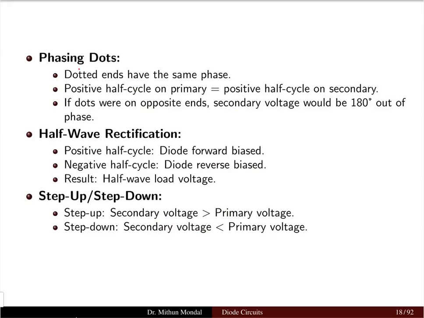The dots play a very important role because we need to know the actual direction of the current. When you have a transformer, there will be dots given which represent the mutual induction, whether the current is entering or leaving. The dot can be positioned in different places in the primary winding and secondary winding.